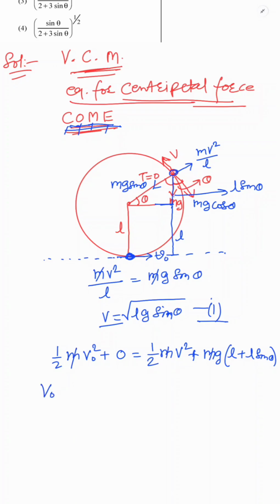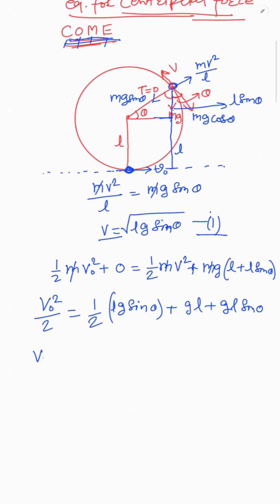So v0 square upon 2 plus half Lg sin theta is equal to Lg sin theta plus Lg, where the square removes the root. That gives v0 square upon 2 equals 3 by 2 Lg sin theta plus Lg.